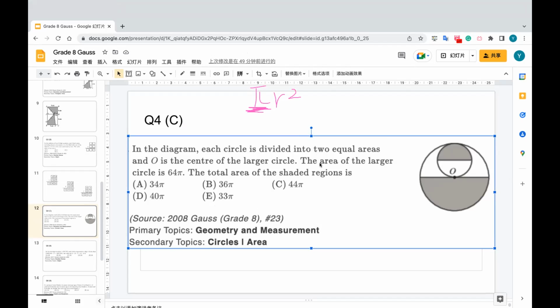Okay, you're gonna figure out R, for example.